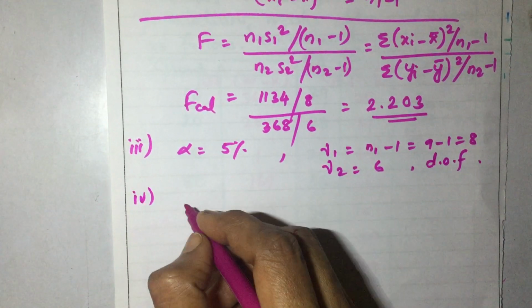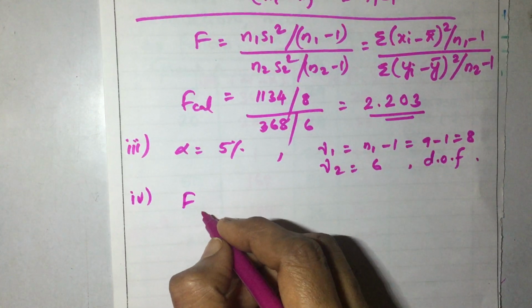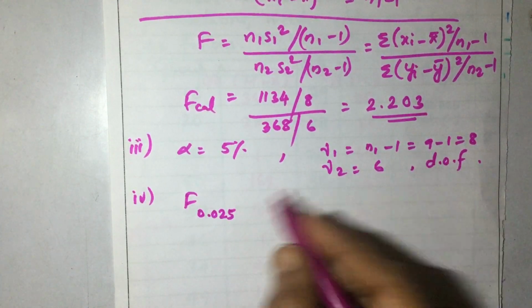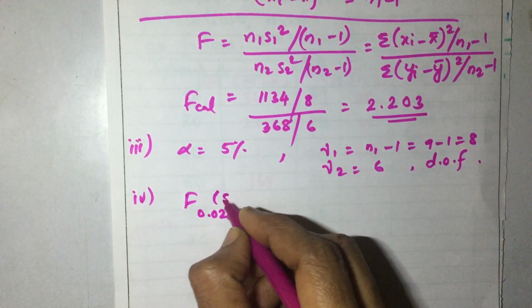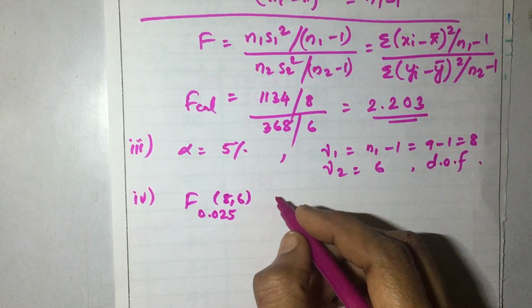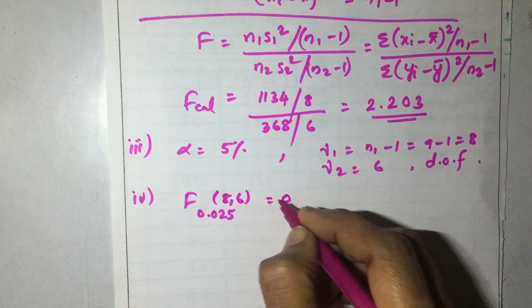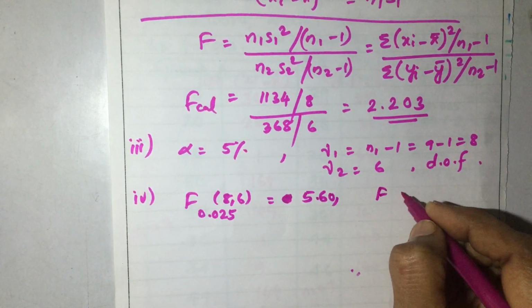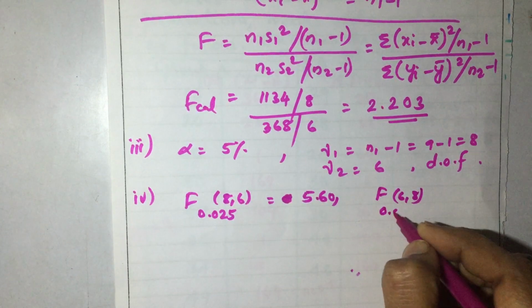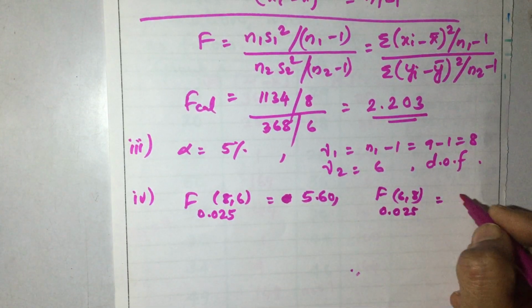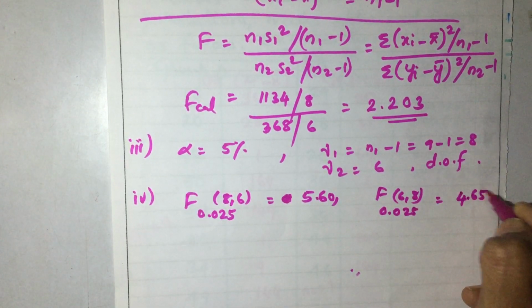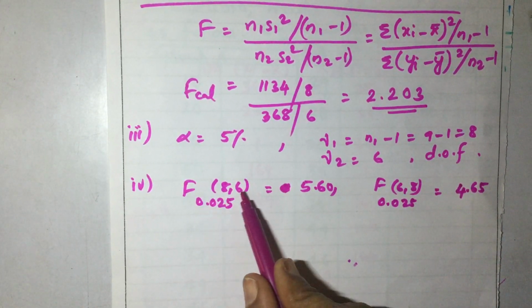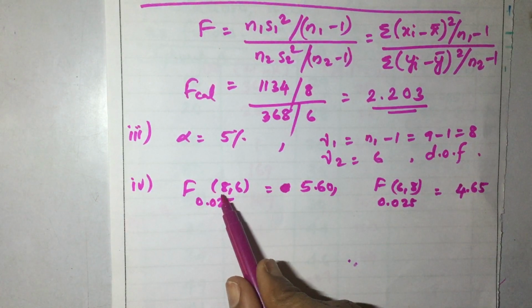Now table value is given, F 0.025 at this 8 and 6 is given as 5.60, and F 6,8 at 0.025 is given as 4.65.